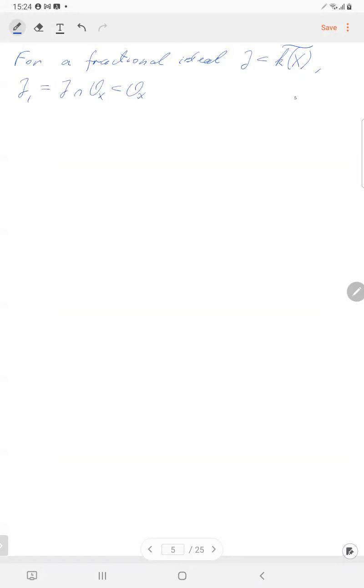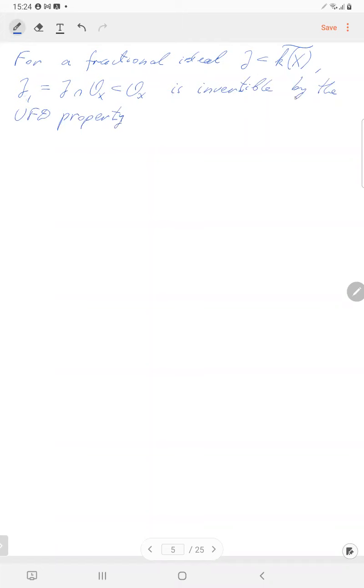And we know that it's invertible by the unique factorization property. Locally J is generated by a single rational function f, and this rational function has a numerator and denominator.